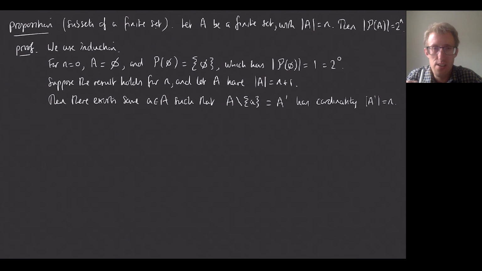And if they don't, then those subsets are just going to be subsets of A primed, which are all obviously subsets of A. If they do contain the element little a, then they're basically going to be the same. They're going to be the subsets of A primed, but then having put the element little a back in again.